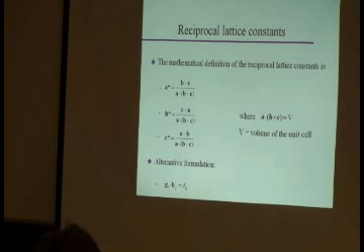Your reciprocal lattice constant A star, you get by taking the cross product of the vectors B and C in real space and dividing by the unit cell volume. Now the unit cell volume you get by taking the cross product of two vectors and doing the dot product with the third vector. Now, I see a couple of confused stares here.